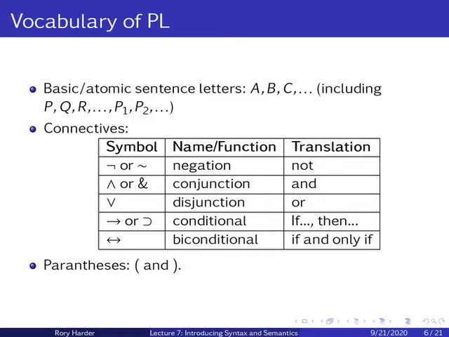So these are the basic building blocks out of which we will be able to construct any sentence of our language. After giving this vocabulary, we're now going to see special rules for constructing out of these building blocks sentences of our language.